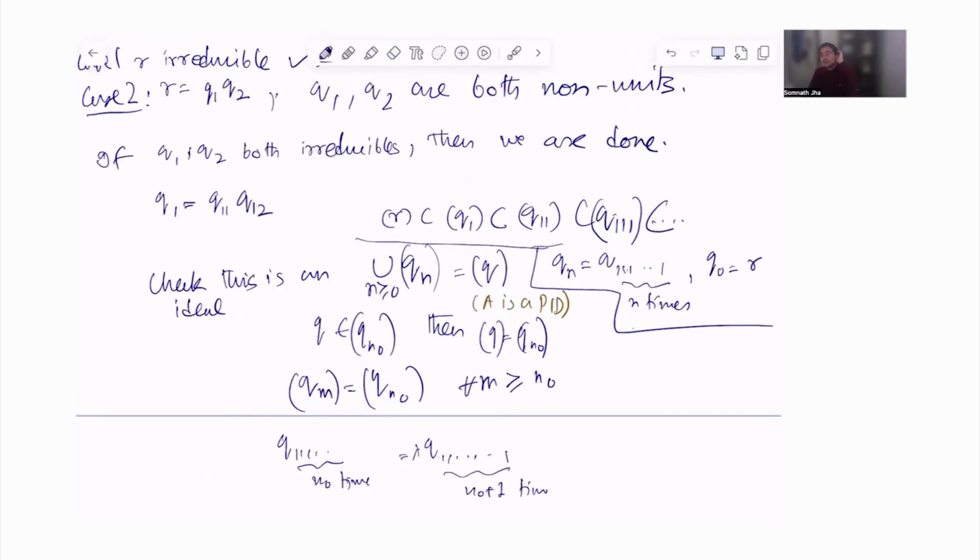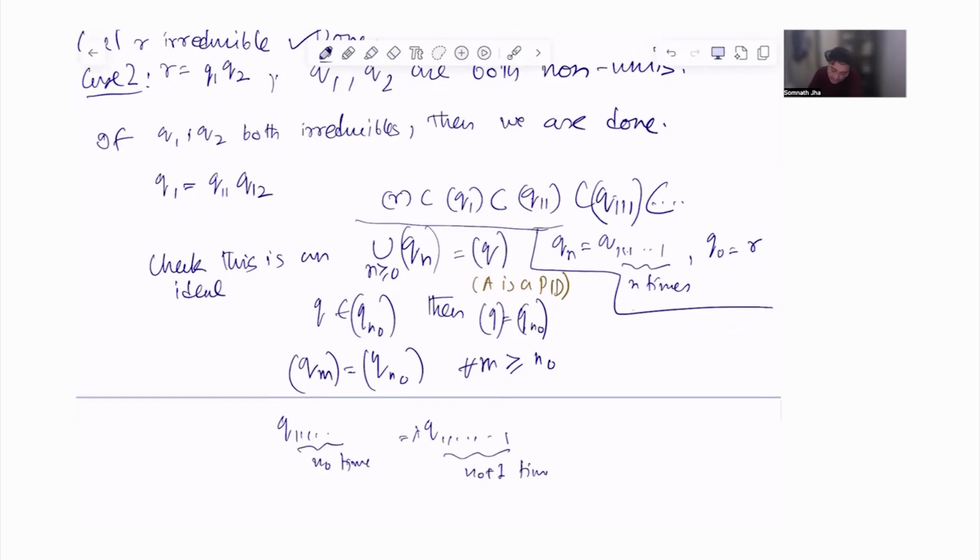So this chain stops at the n0 level. So similarly, all these subsidiaries, this is for the one we did, all of them will stop at a finite level.